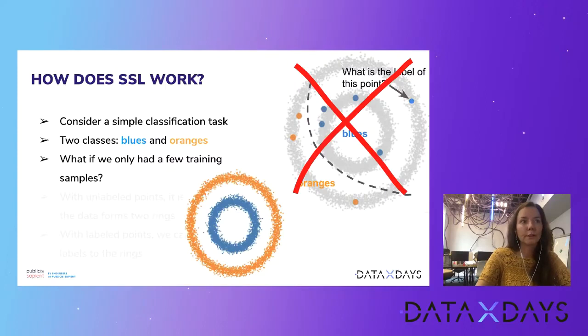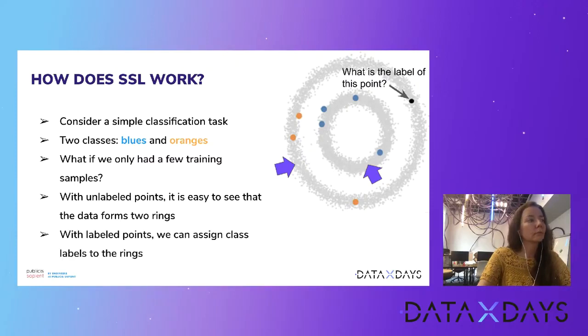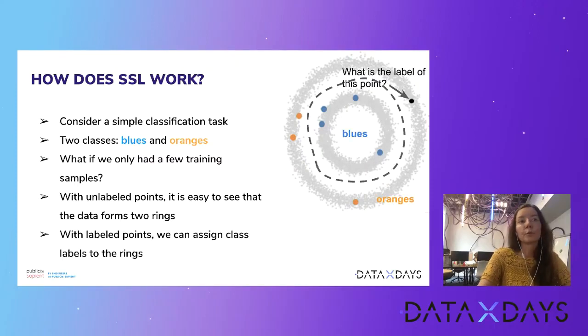However, if we do consider the unlabeled data points, it is very easy to see that the data distribution forms two rings. And then we can use the labeled data points to assign a class label to each of the rings. So then our decision boundary might look more like this, which of course makes more sense given what we know.